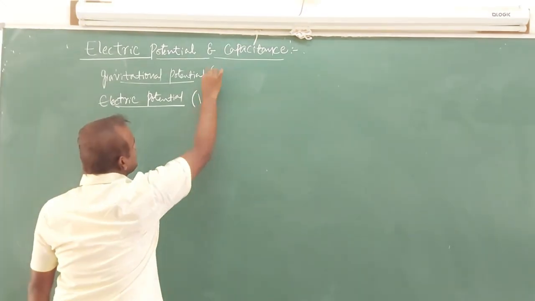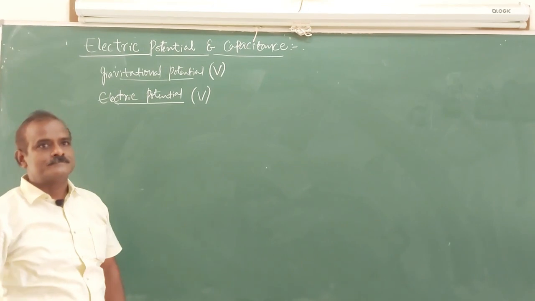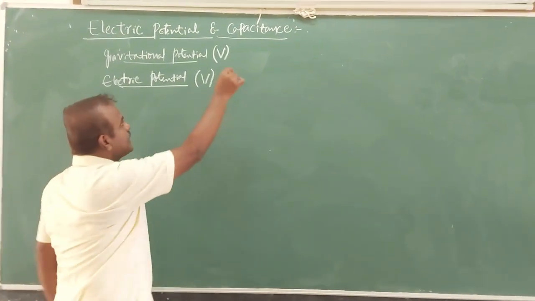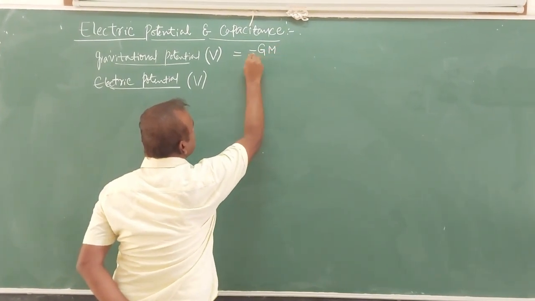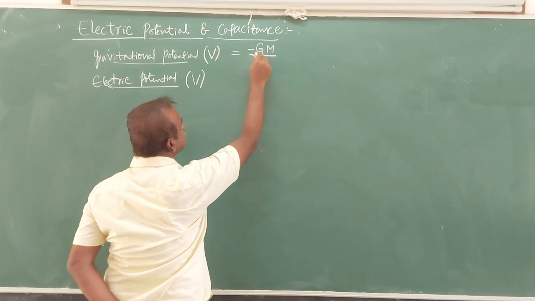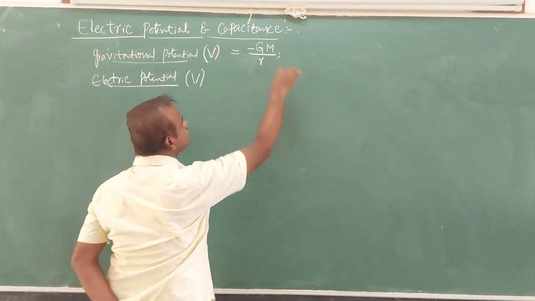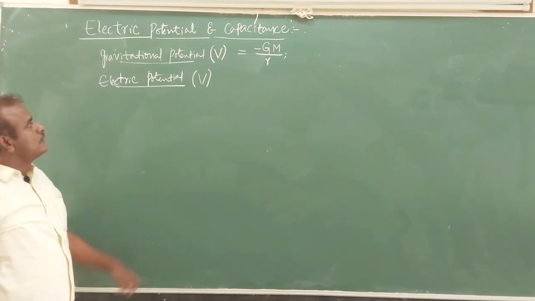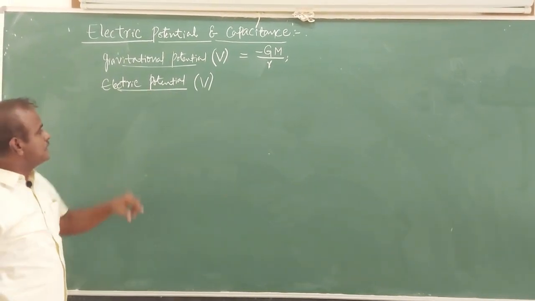This is symbolically V. Even this is symbolized with V, and it has the formula written earlier, minus Gm by R, where R is the distance. Now electric potential: potential is like a level, and it is defined.